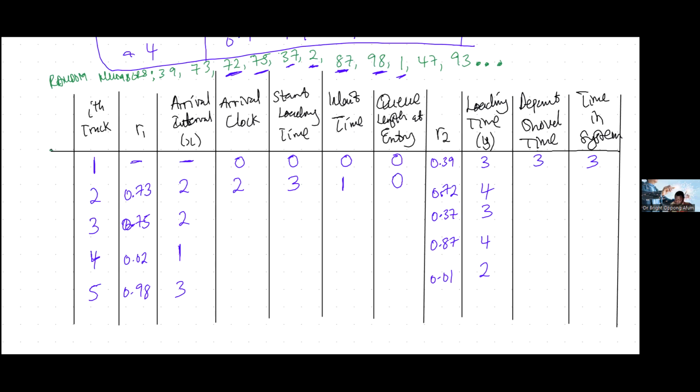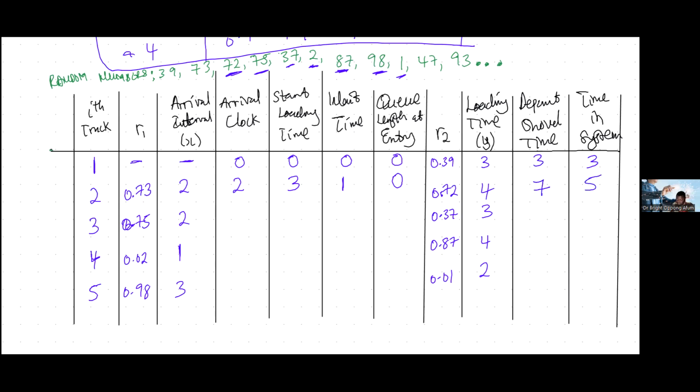We start loading at the time 3, so 4 plus 3 will be 7. So it's going to depart on the 7th minute, right? So how many minutes has it spent? It arrived at the clock 2 and departs at 7. So therefore it has spent 5 minutes in the system.